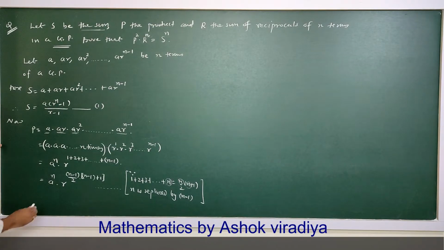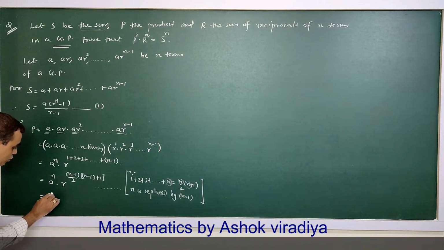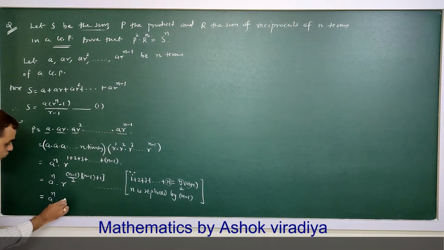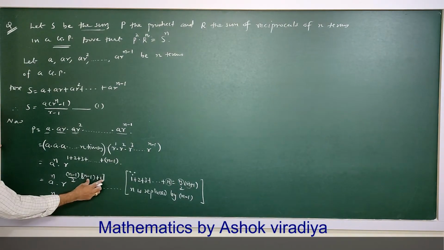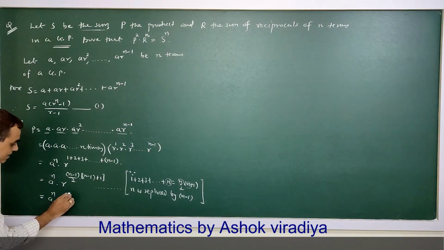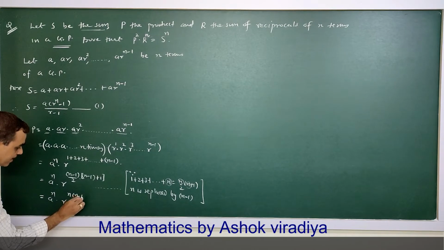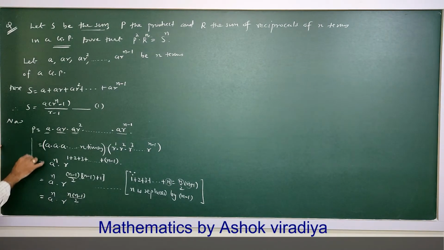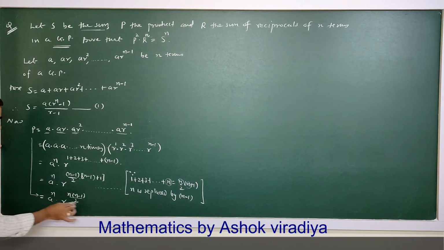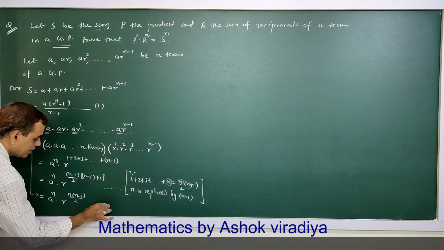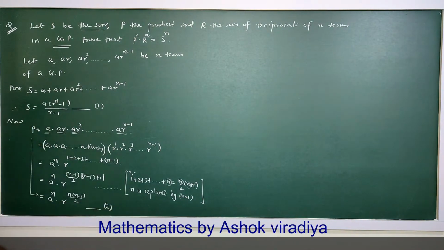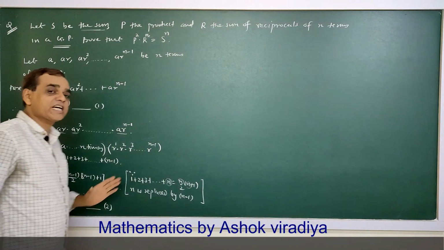So this is a raised to n into r raised to n into n minus 1 by 2. So this is the value of P. Let me say it is equation 2. So P is calculated.